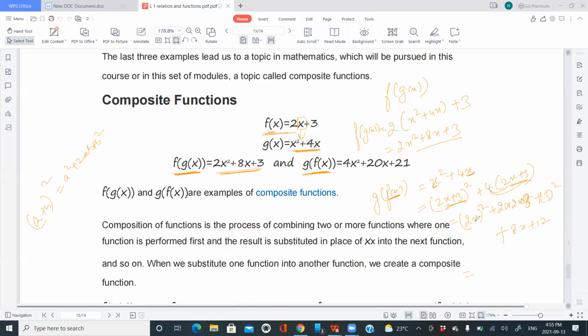So you will open this whole square: 4x square plus 2 times 2 is 4, 4 times 3 is 12x, plus 9, plus 8x plus 12. So that means 4x square plus like terms 20x, and 12 and 9 is 21. So this will be your total answer.